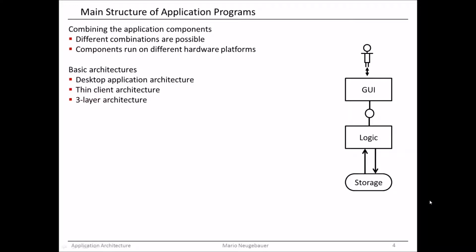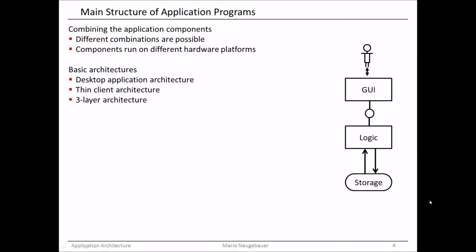And here in this part of the presentation, we want to look into different architectures. Basic architectures are architectures for desktop applications, architectures for thin client systems, and the 3-layer architecture.